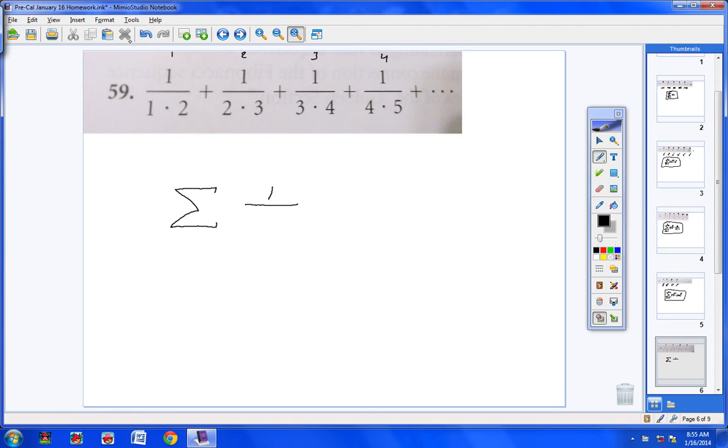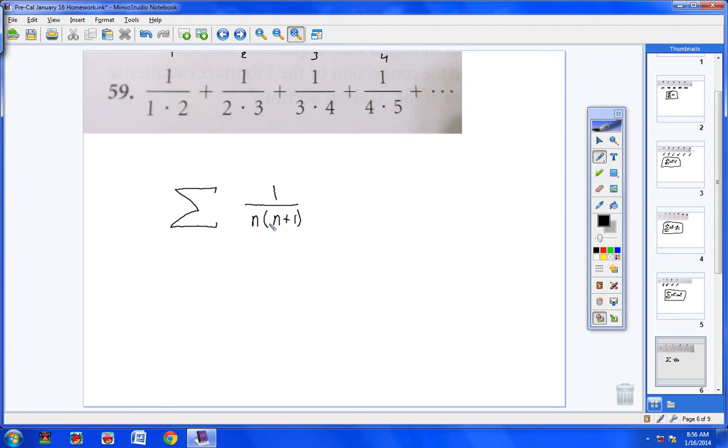And then notice in the denominator, all of these numbers here match their terms. First term, second term, third, and fourth. So I'm just going to put an n times. Notice all of these numbers here are 1 more than their term. 2 for the first term, 3 for the second term, etc. So I'm just going to put n plus 1.